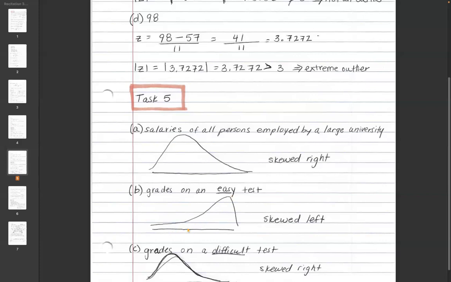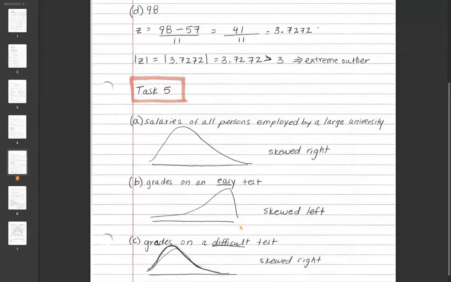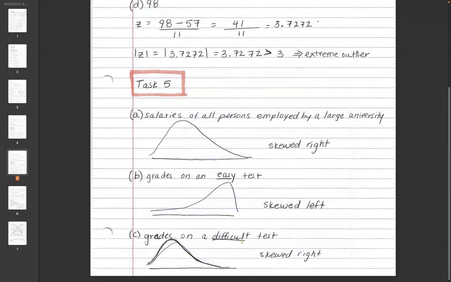There are fewer low scores than there are high scores for an easy test. Grades on a difficult test are going to be the opposite, where you'll have more students with lower scores because it's difficult, and then a few students that still score really high. So that's going to be skewed to the right.